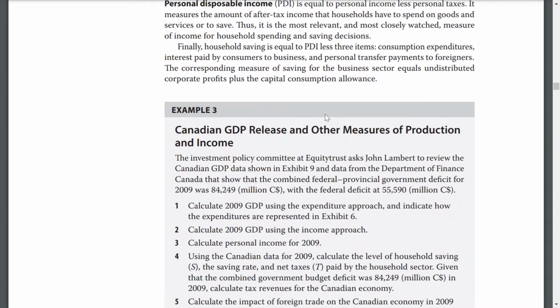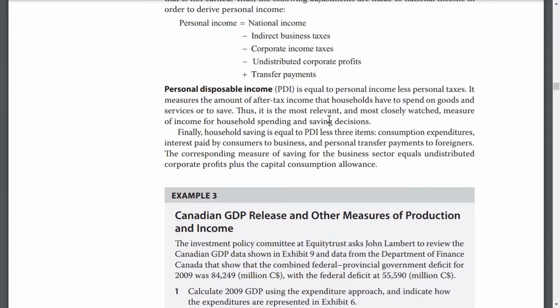Personal disposable income, PDI, is equal, not PDA, but PDI, for that's public displays of affection, but personal disposable income is equal to personal income less personal taxes. It serves as the most relevant and most closely watched measure of income for household spending and saving decisions.